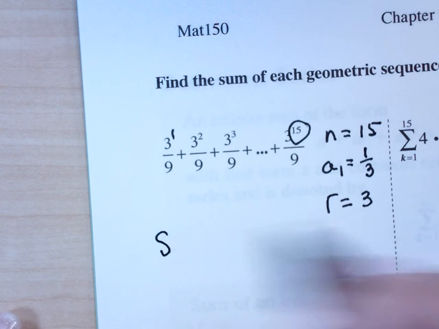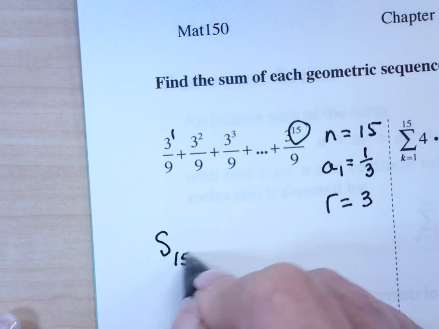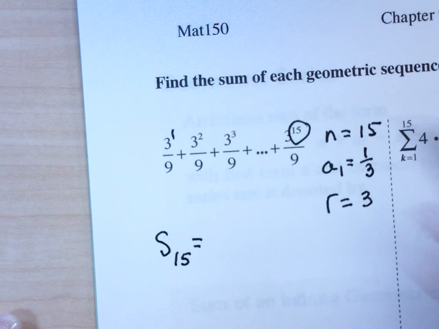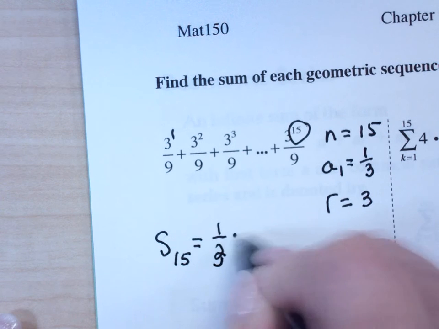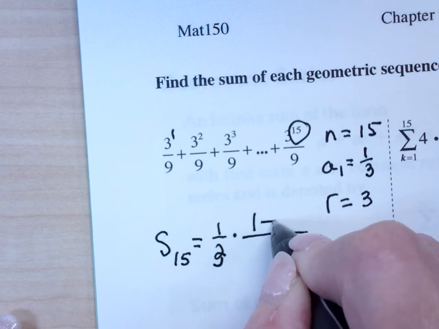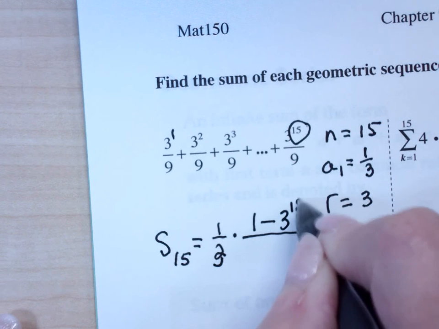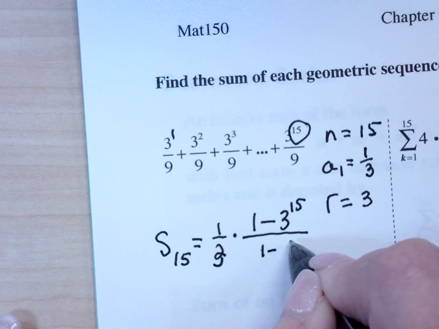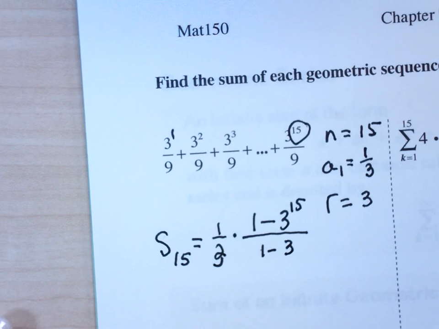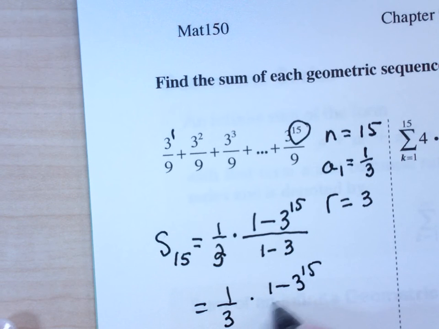So S sub 15 equals A sub 1 times 1 minus 3 to the 15 divided by 1 minus 3, which is 1/3 times 1 minus 3 to the 15 all over -2.